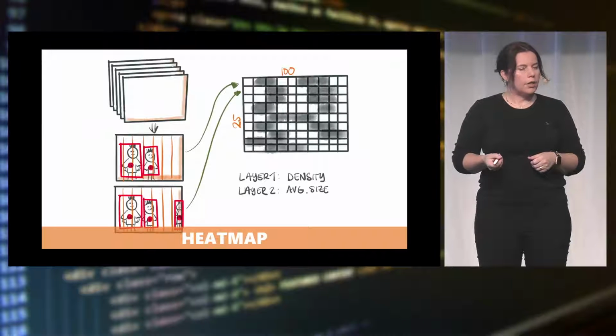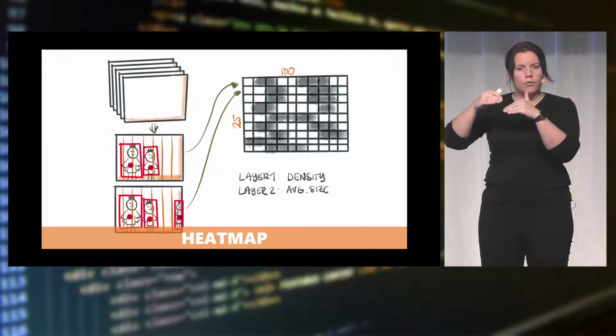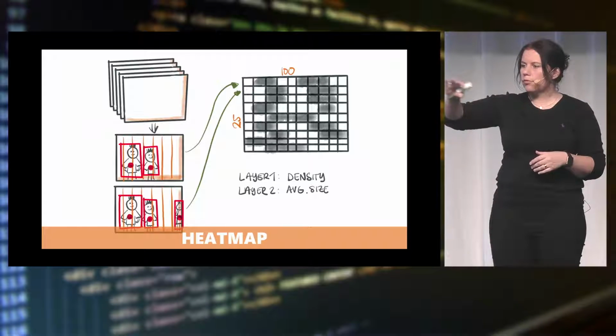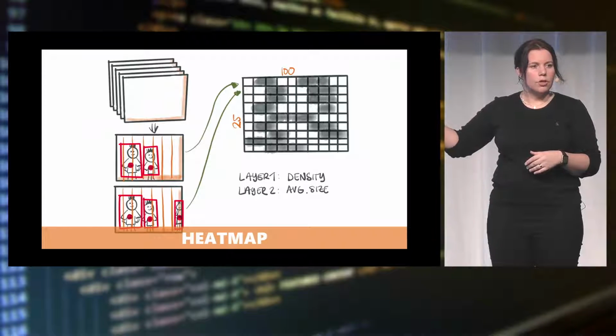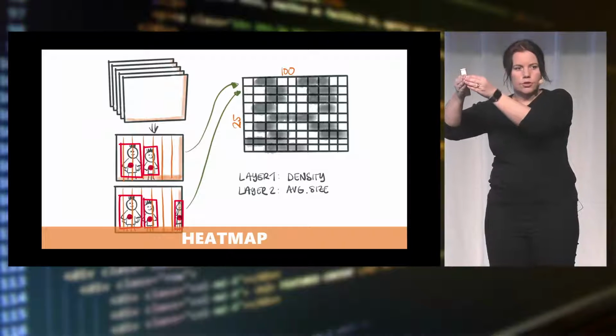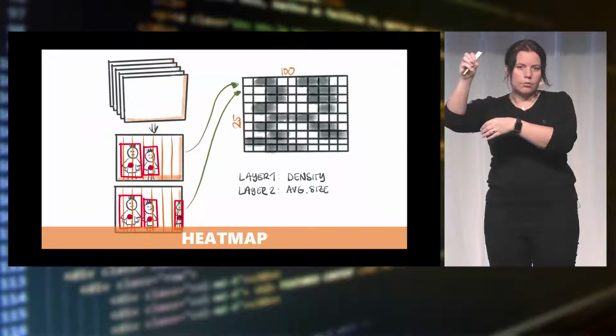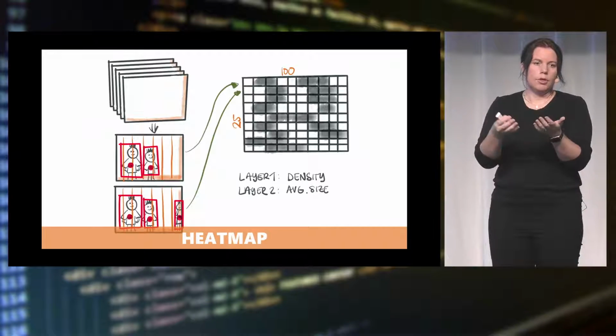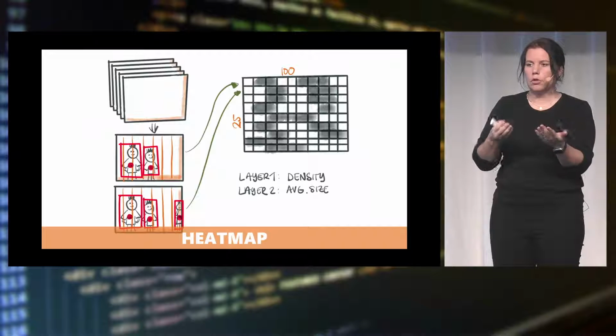We did that for each frame, and this created a heat map where we could see people moving along the screen. This heat map was quite interesting because if there were a lot of people stuck together, it was a very white spot, and if there were fewer people stuck together, it was a darker spot.